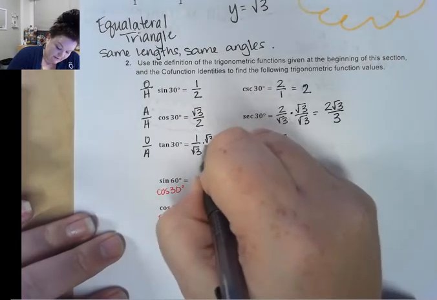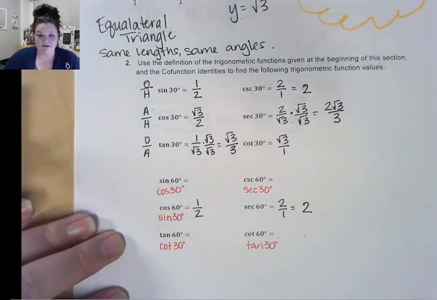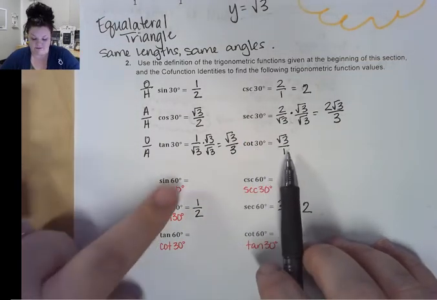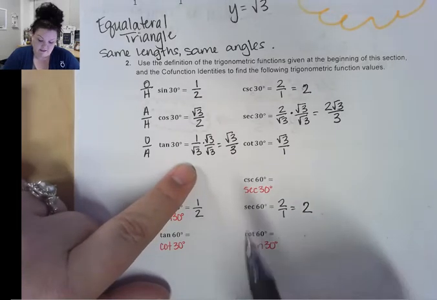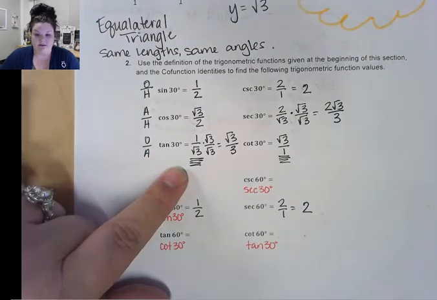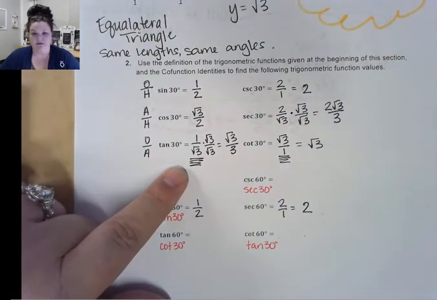So rationalizing the denominator, I end up with square root of 3/3. And then I can flip it to get my cotangent. Now notice I went ahead and flipped it before I rationalized. When I had this original value here, that's what I flipped, right? And then square root of 3/1 is just square root of 3, okay?